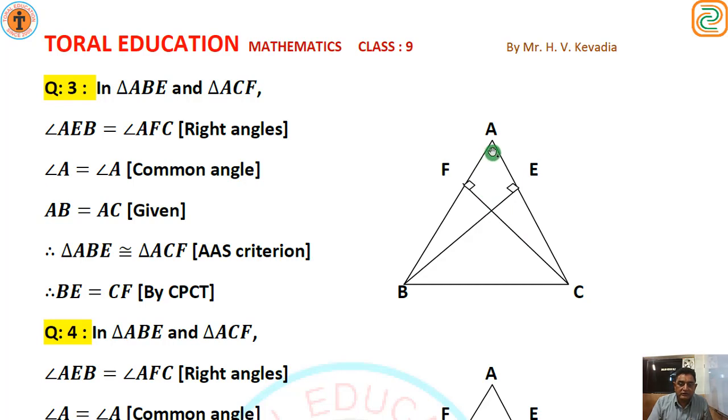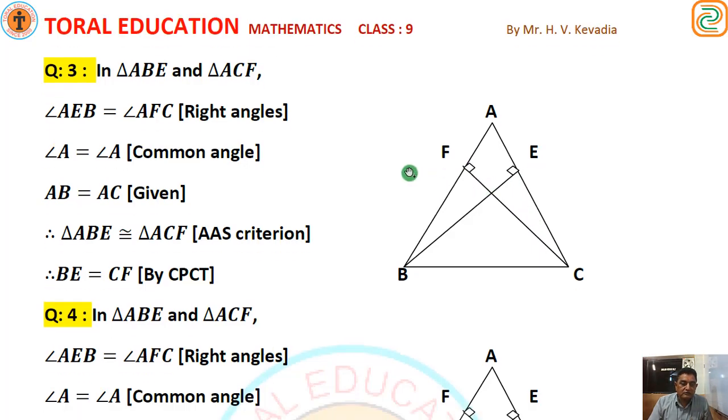Angle A is common in both the triangles. And AB equals AC, given. So by the AAS criteria, triangle ABE is congruent to ACF, right? These two triangles are congruent. Therefore BE equals CF by CPCT.